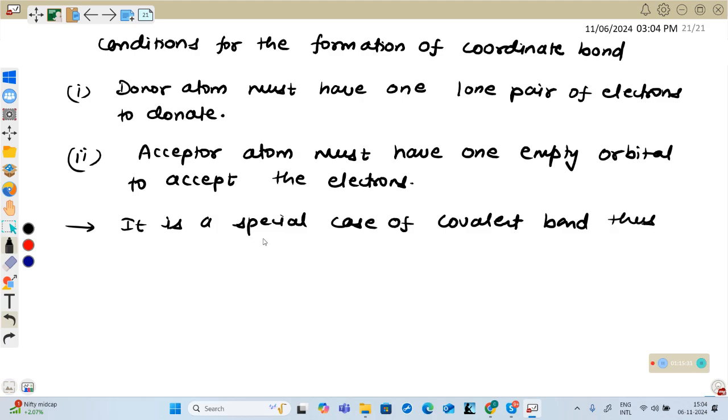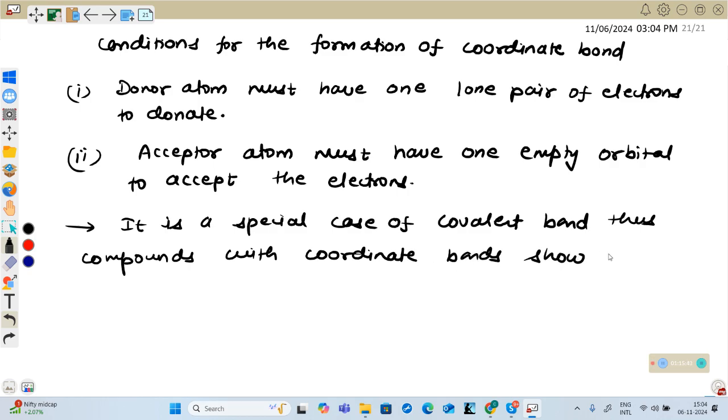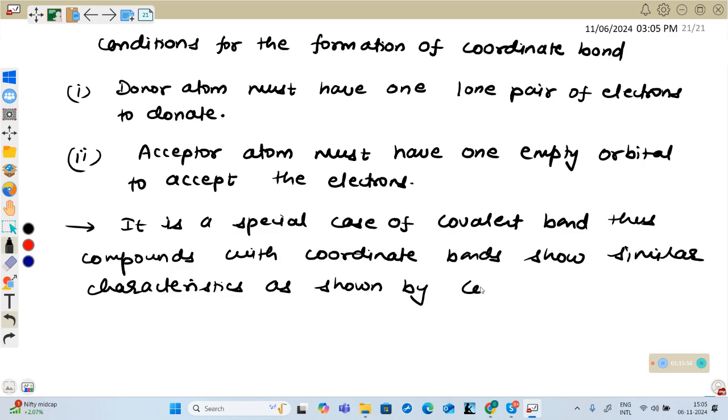Thus, compounds with coordinate bonds show similar characteristics as shown by covalent compounds.